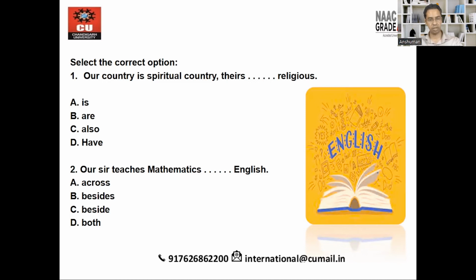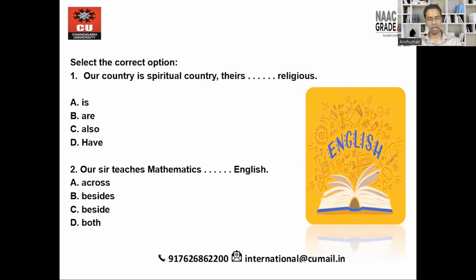Now let us understand the second part. Second part says, our sir teaches mathematics dash English. There are 4 options given. Option number A, across, and option number D, both, are illogical here.